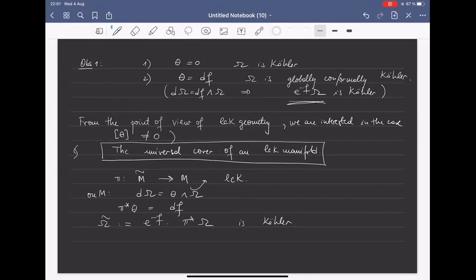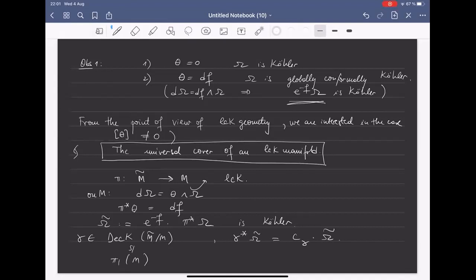So I mean by this, if we take any element gamma in the deck transformation group, which is anyway an instance of the fundamental group of M, then the way gamma acts on omega tilde will be by multiplying it with a constant, with a positive number. So the universal cover has a Kähler metric that is homothetized by the deck transformation group.